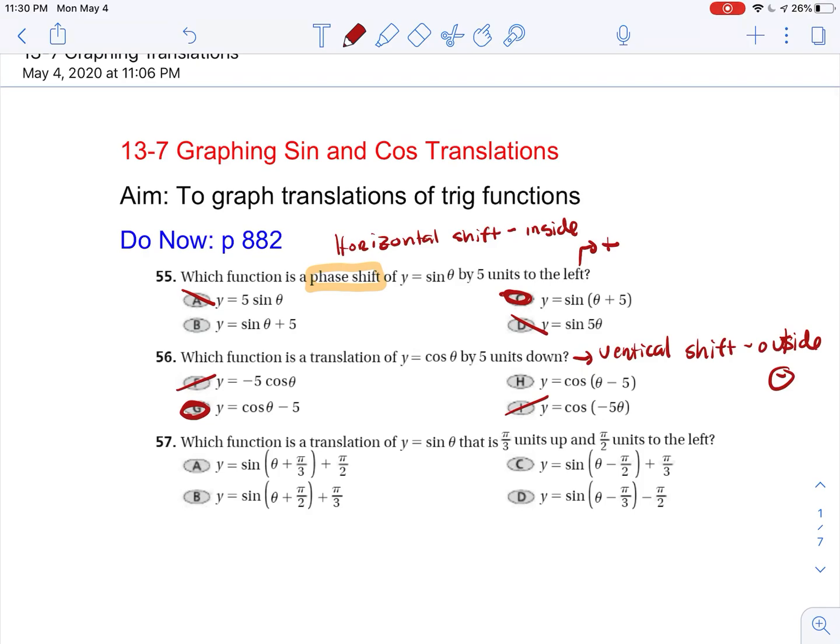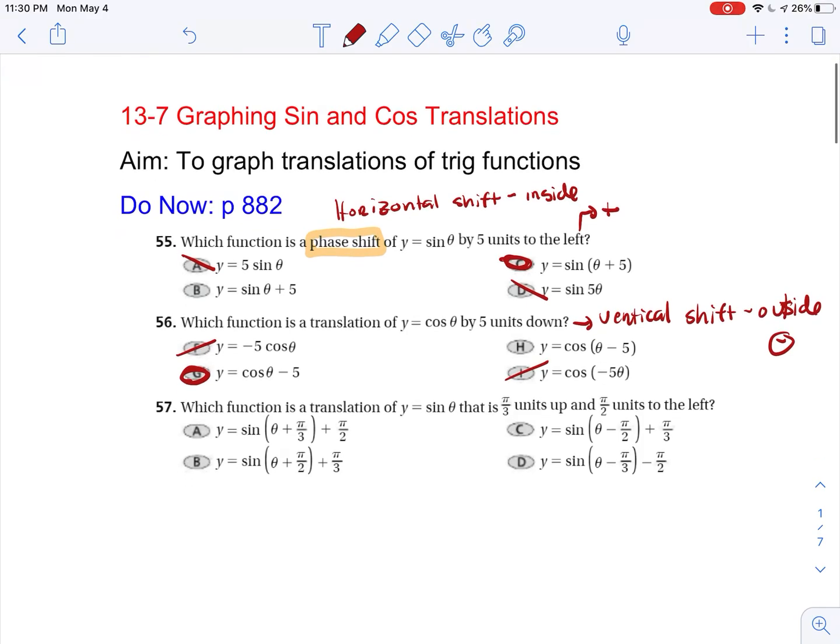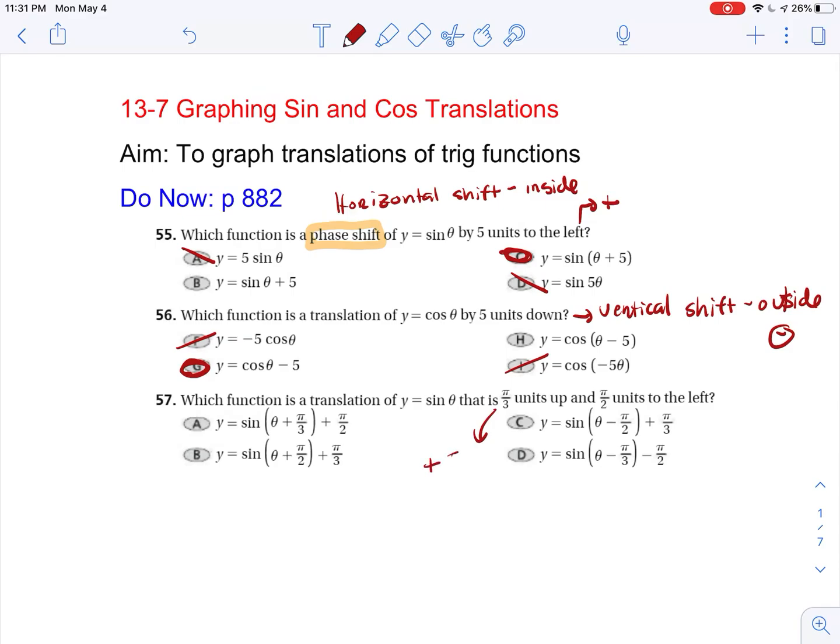Now finally, number 57, let's combine the two. Which function is a translation of y equals sine theta that is pi over 3 units up and pi over 2 units to the left? Well, pi over 3 units up means plus pi over 3. Up means outside.